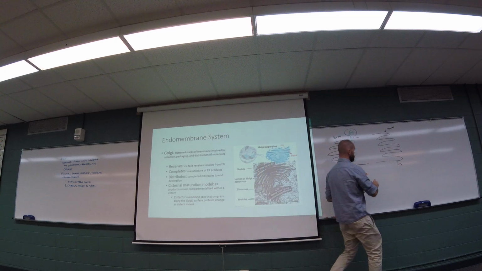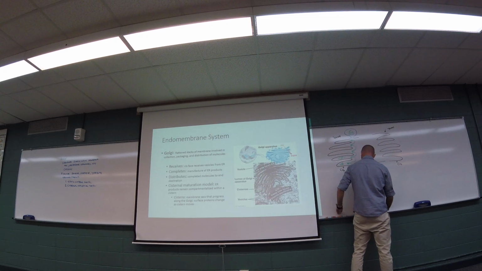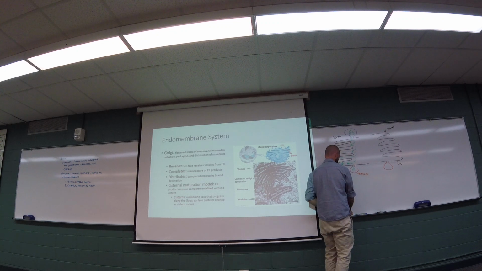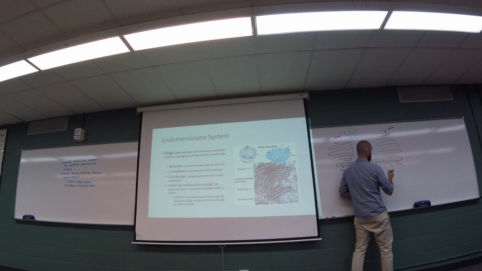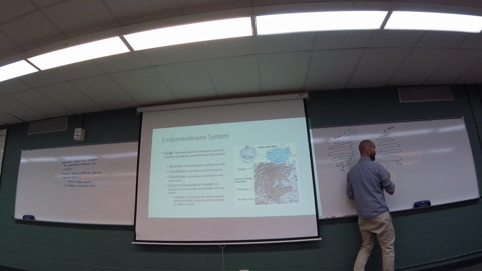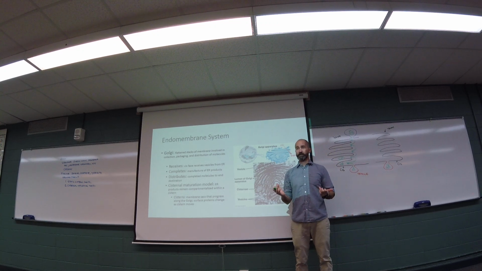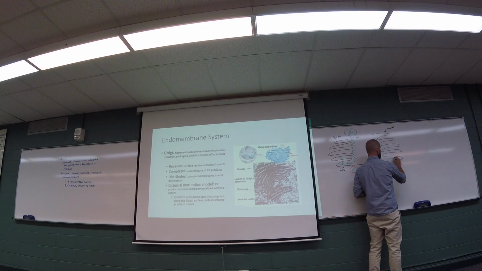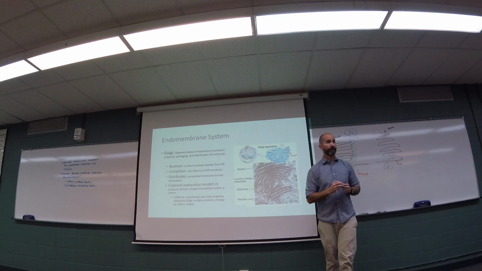So we receive a vesicle from the endoplasmic reticulum that's carrying a protein. So it's obviously come from the rough endoplasmic reticulum. And this protein ends up here in this cistern.